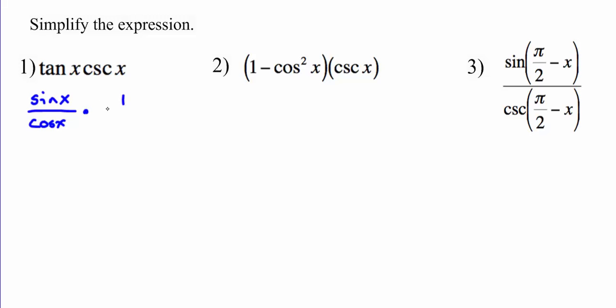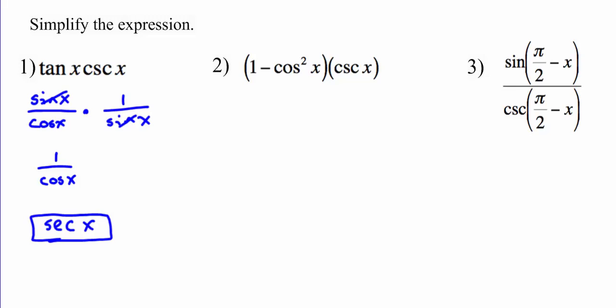And of course we know the cosecant is 1 divided by the sine of x. So if I look at this, sine of x over cosine of x times 1 over sine of x, you can see that we could cancel out the sine functions. We'd be left with 1 over the cosine, or debatably even simpler, we could just simply call that the secant of x.